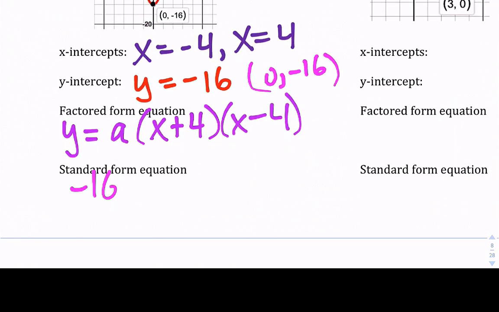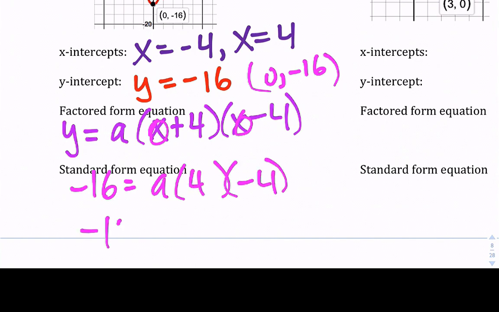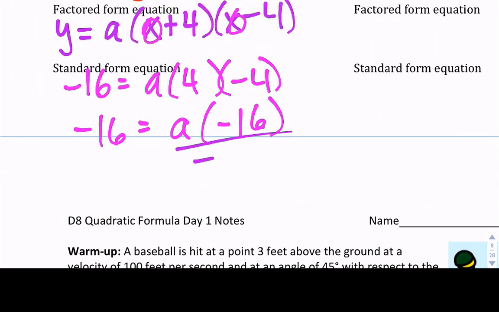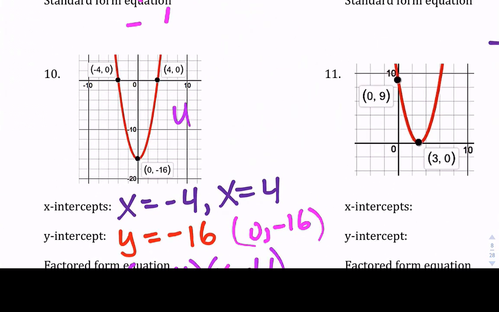So we get negative 16 equals A times, and again, these are 0, so I'm just going to do 4 times negative 4. We get negative 16 equals A times negative 16. And we're going to divide each side by negative 16. So here A is 1, so sometimes A is 1. If we rewrite the equation, we have y equals, if A is 1, I'll just leave it, x plus 4, x minus 4.